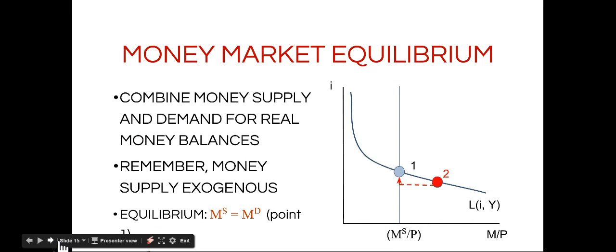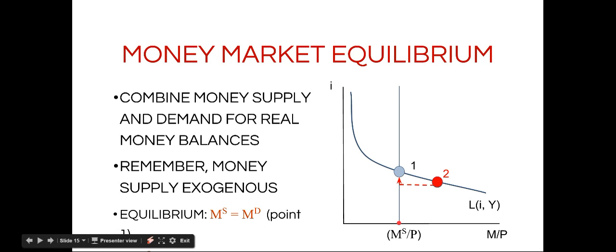So now we're ready to define the money market equilibrium by combining money supply and demand for real money balances. And since we have M over P on the axis here, we're going to also put money supply divided by the price level, so the real money supply, and make it equal to the demand for real money balances. Remember, money supply is exogenous, so it doesn't depend on anything.